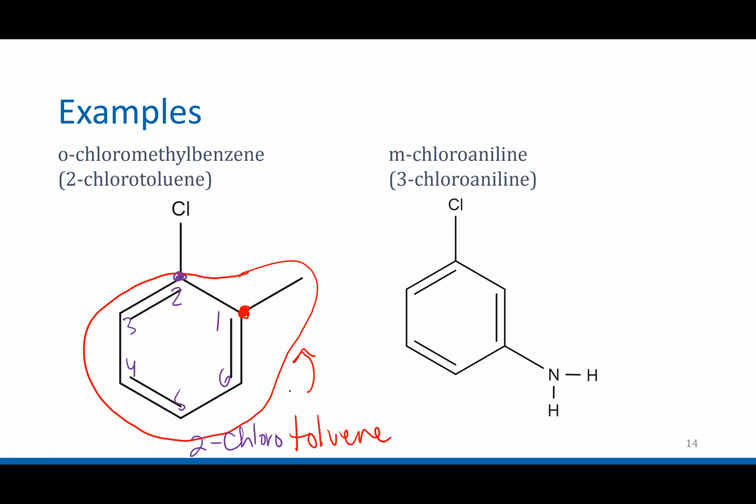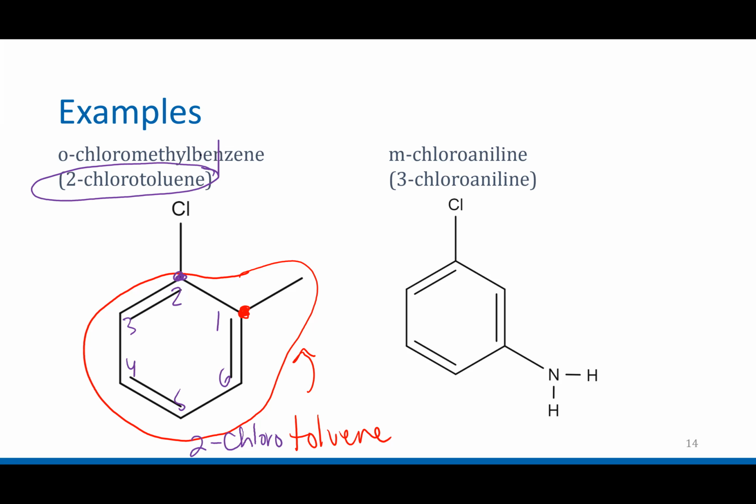We will practice more of this. Now, you could also call this ortho chloromethylbenzene because it is 1,2. So you could call this ortho chloromethylbenzene, but the name in the brackets I would probably stick with here, this one here.